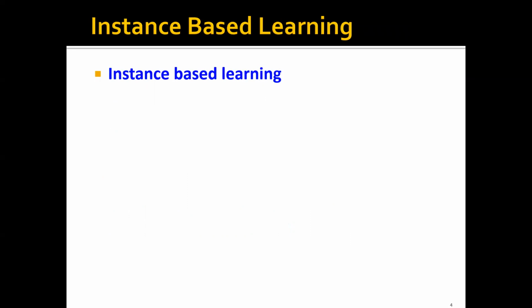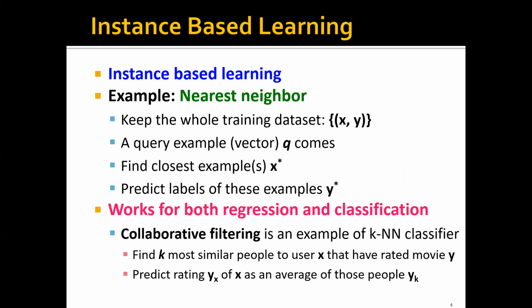First, let's look at the first class of methods, instance-based learning, and specifically, let's talk about the nearest neighbor approach. A nearest neighbor method works as follows. We keep the whole training data set, a lot of pairs of x and y, and we're given a query example, most probably a vector q.